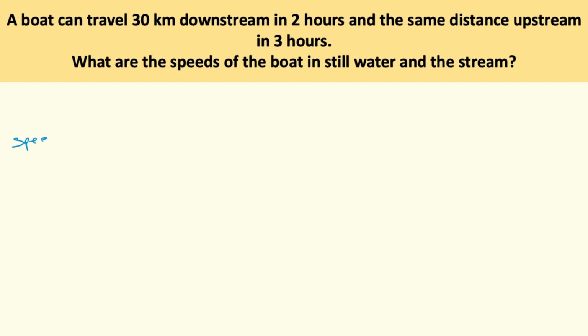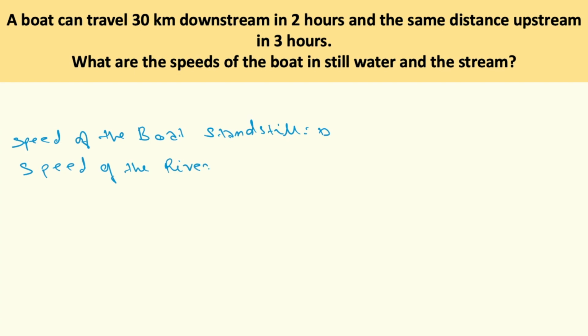Speed of the boat in still water is equal to B, and speed of the river to be R.